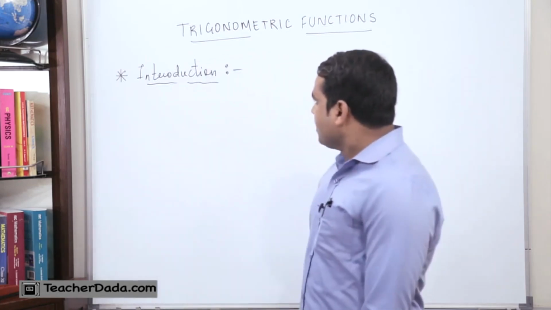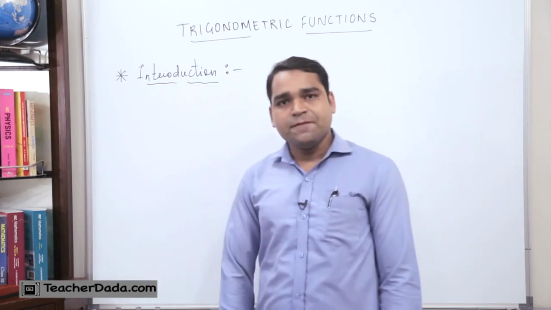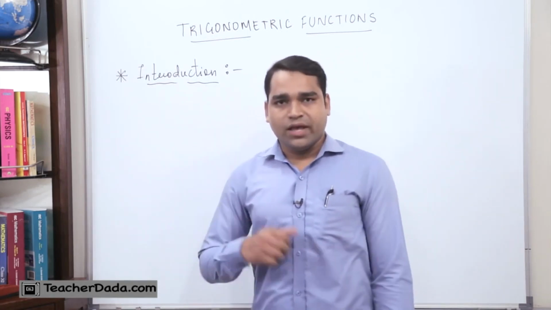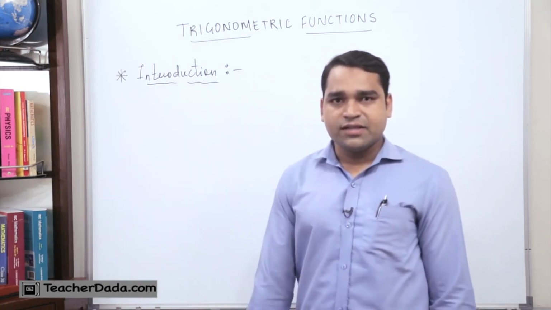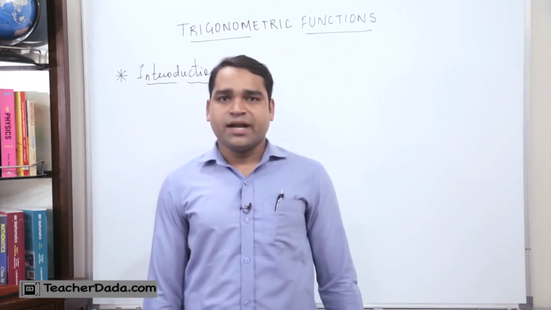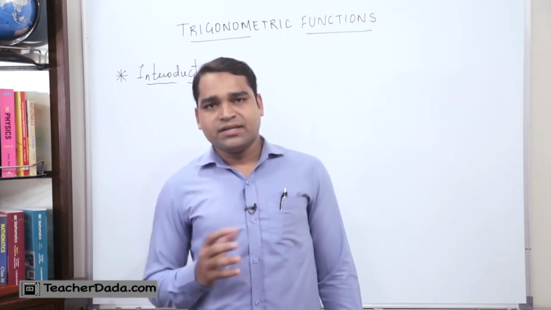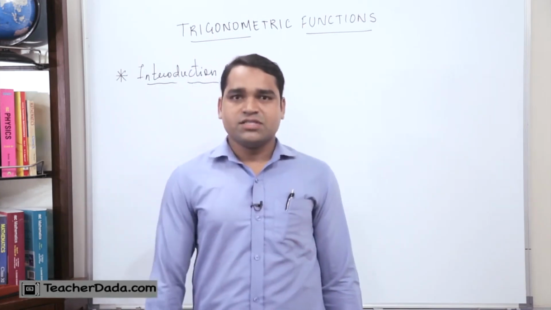In earlier classes about this chapter we have studied trigonometry functions of an acute angle as trigonometry functions of the sides of a right angle triangle. We also have studied trigonometry identities and their application, that is solving height and distance numericals with the help of trigonometry functions.